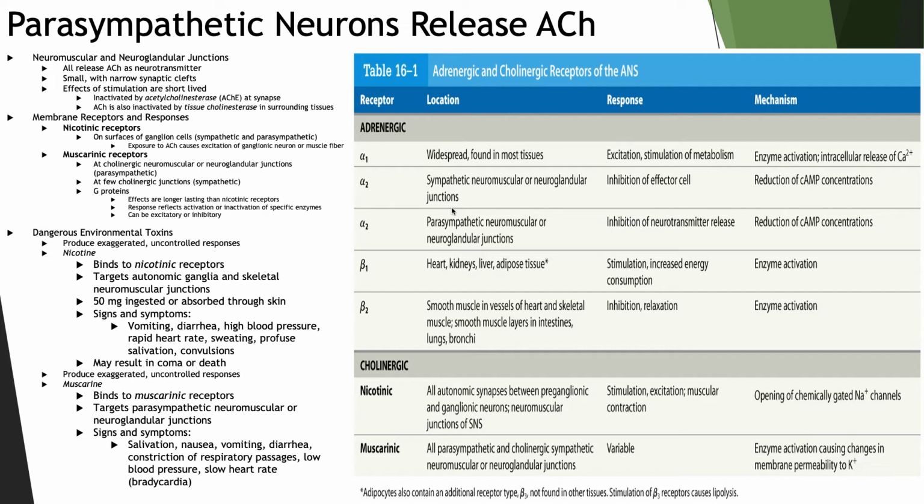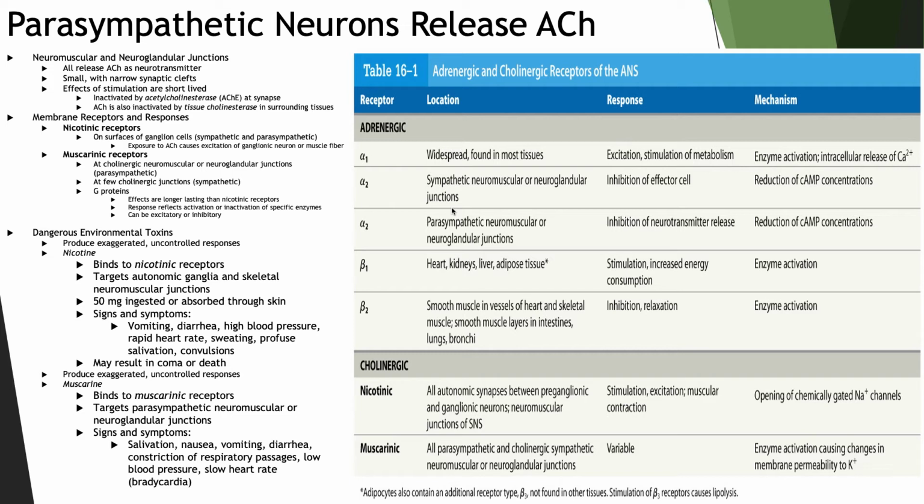The names nicotinic and muscarinic originated with the researchers who found that dangerous environmental toxins bind to these receptor sites. Nicotinic receptors bind nicotine, a powerful toxin that's obtained from a variety of sources, including tobacco leaves. The highest nicotine levels of tobacco are about 3 milligrams per gram. And muscarinic receptors are stimulated by muscarine, a toxin produced by some poisonous mushrooms.